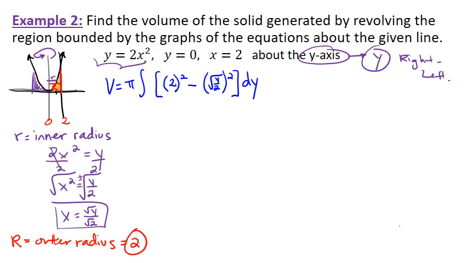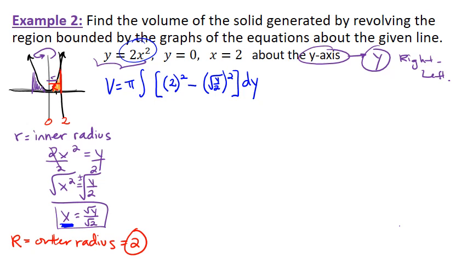Now notice my integrand is in terms of y, just like we wanted it to be. We don't want to plug in this here because that is in terms of x. So I simply get x by itself right here and plug the y value in.